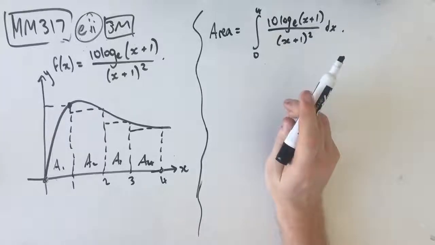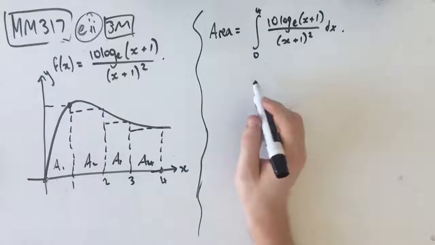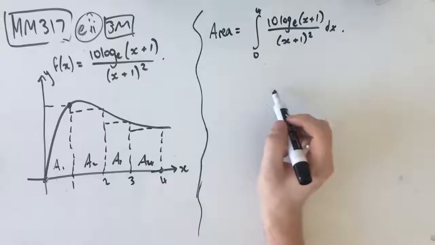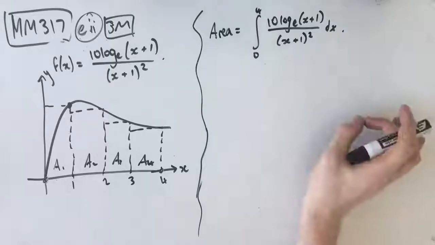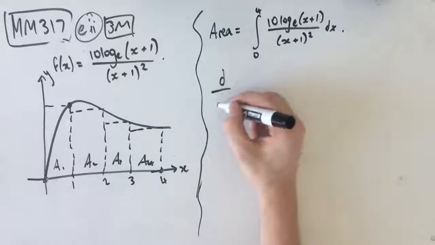So going back to the previous question, we found that the derivative of log e of x plus 1 over x plus 1 was equal to 1 take log e of x plus 1 over x plus 1 squared. So let me just rewrite that so you can see what I'm doing.